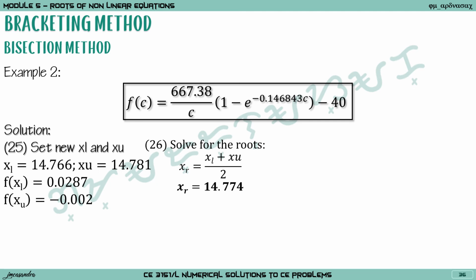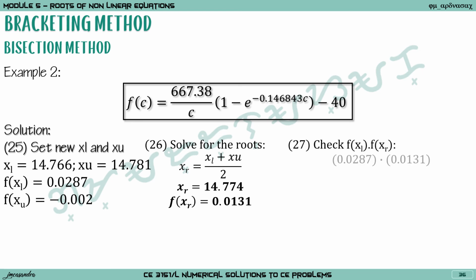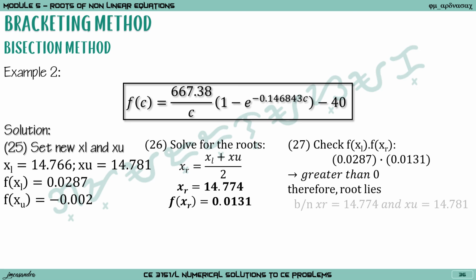That's equal to 14.774. The function of the approximate root is 0.0131. Check for the product of the functions of the lower limit and approximate root, which will give us a value greater than 0. So therefore, the root is between the upper limit 14.781 and approximate root 14.774.